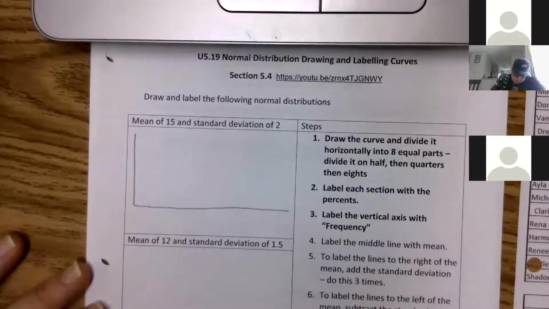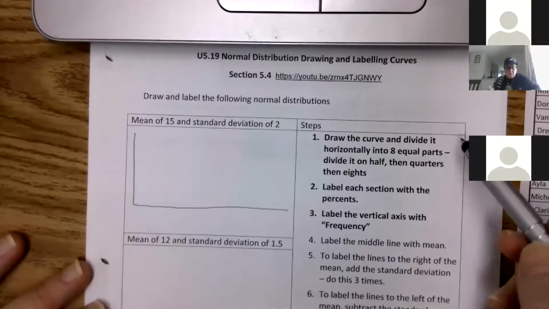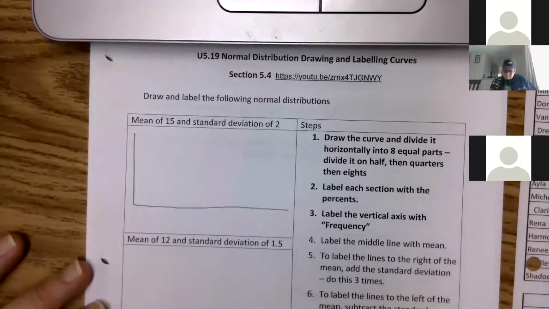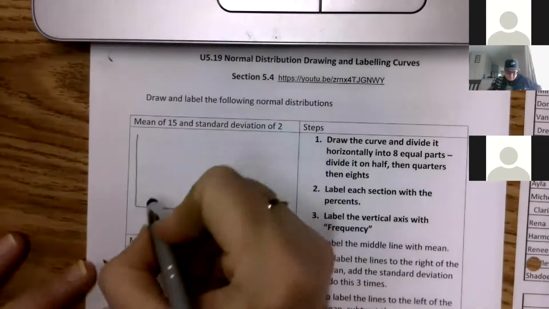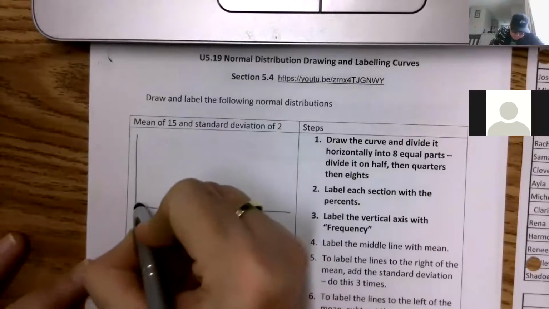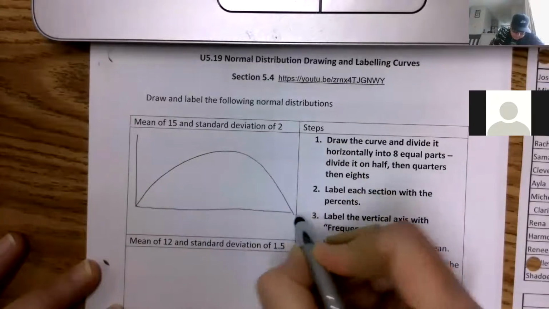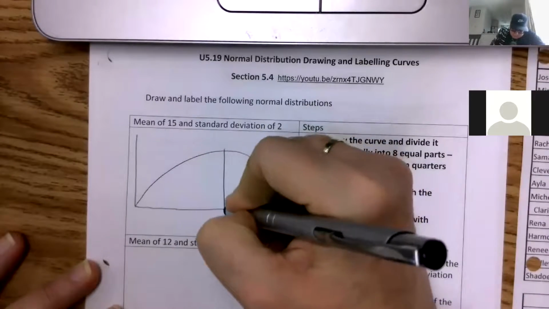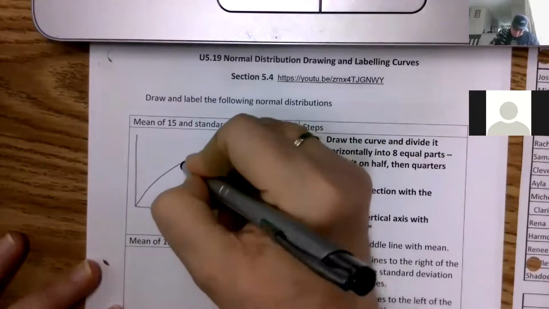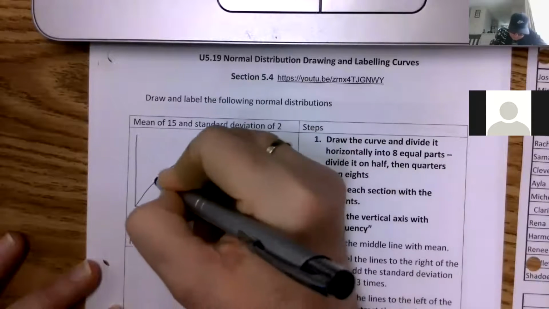All right, I restarted the recording. Now, the stuff that's in dark is the stuff that's the same every single time. So I'm gonna draw my curve, my middle, and then I'm gonna divide it into 8s.